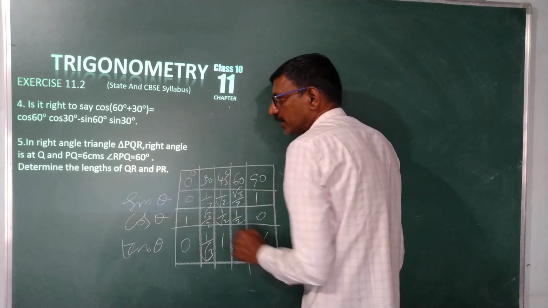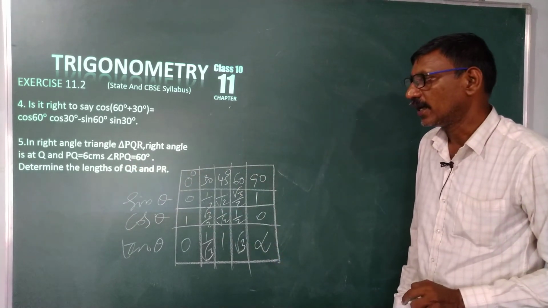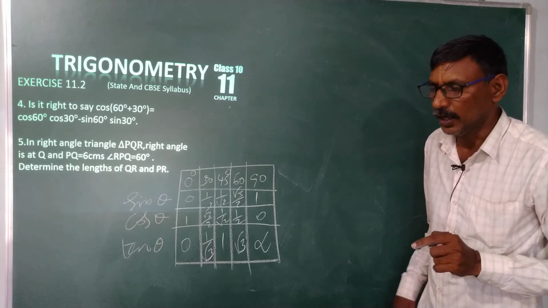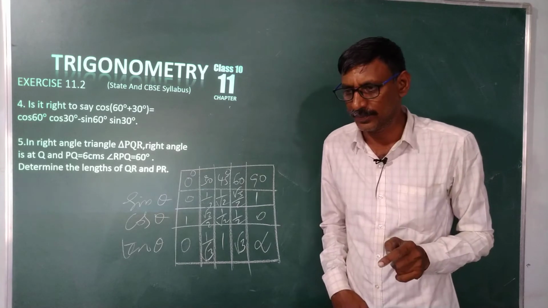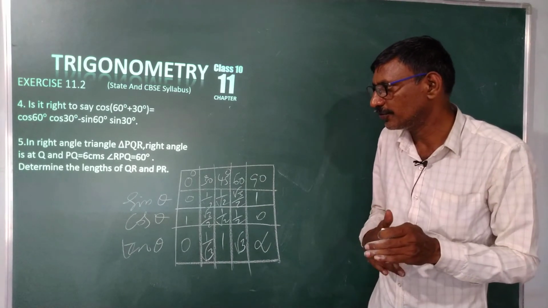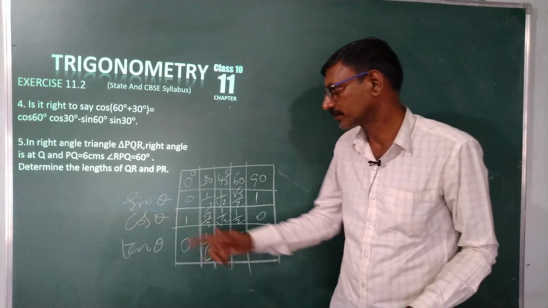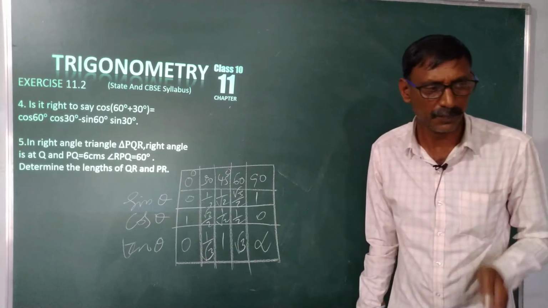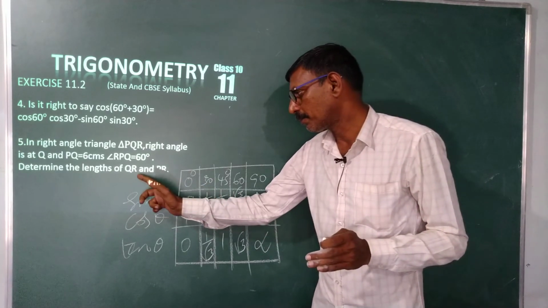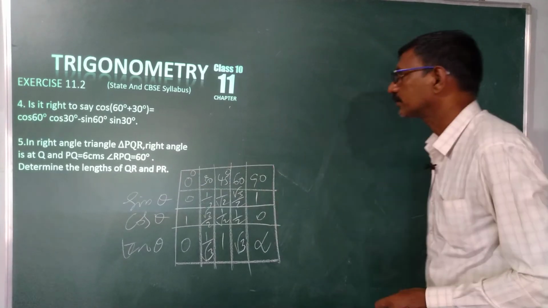Angle RPQ is equal to 60 degrees. Determine the lengths of QR and PR. First read the question and draw a rough sketch, and then we will determine QR and PR.